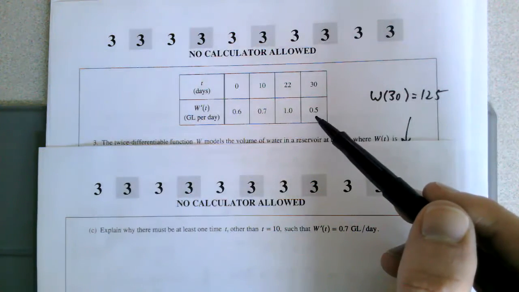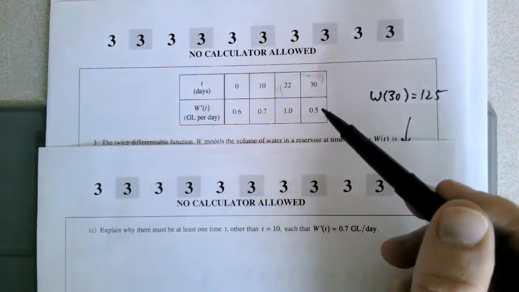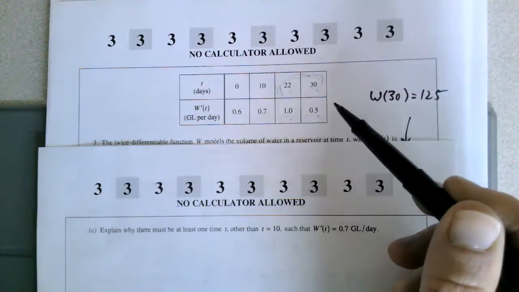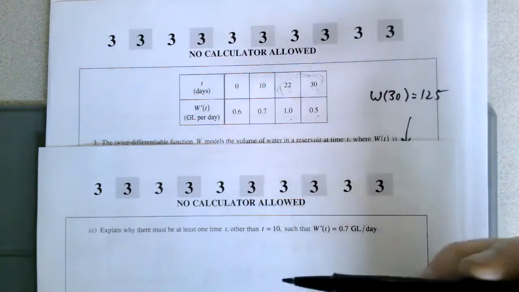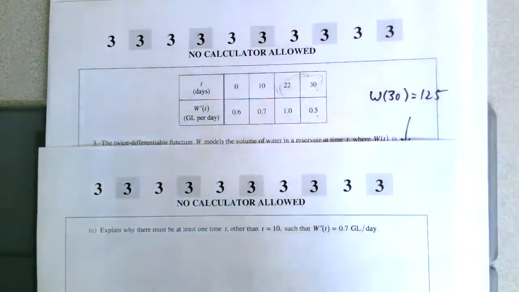And that means that during this time interval between days 22 and 30, at some point, it's going to be equal to 0.7, because 0.7 is between these two values. Now, that's not a very mathematically rigorous argument. There are some assumptions built in there, and there's actually a theorem that I'm using here.